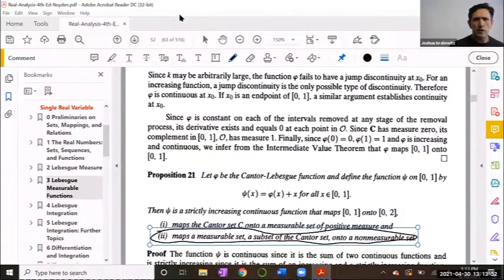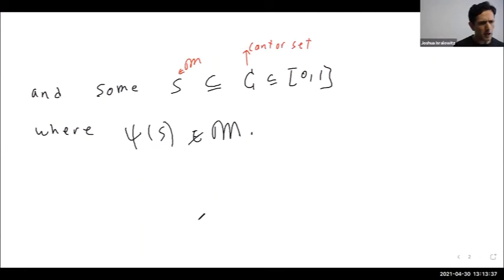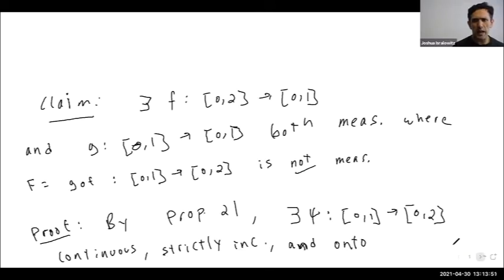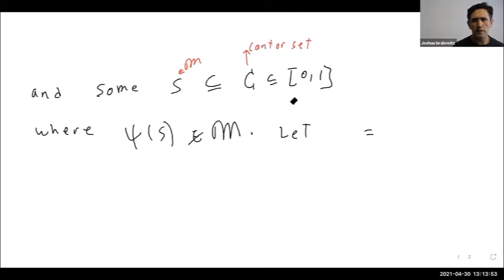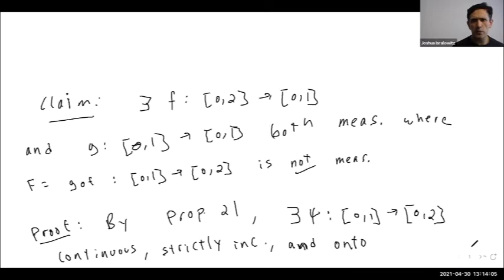All right, so, right, how does this help me? Well, right, so let's say F is the inverse function which goes from 0 to 2 to 0 to 1.